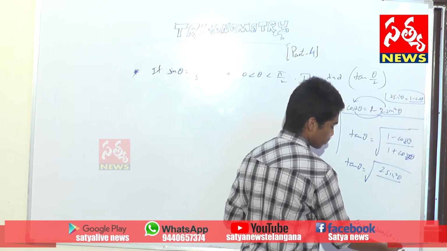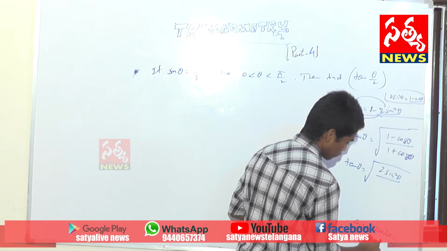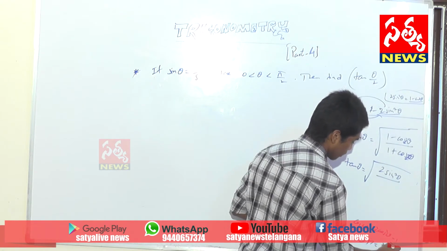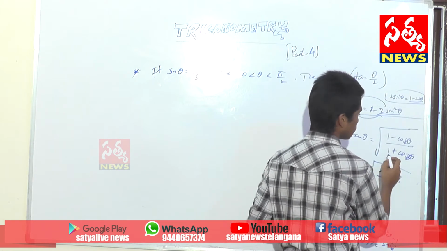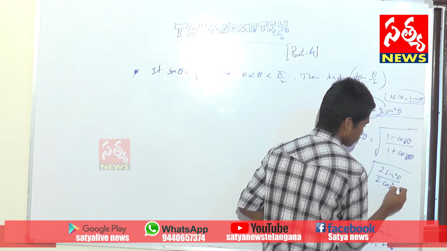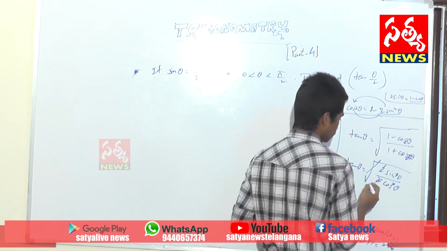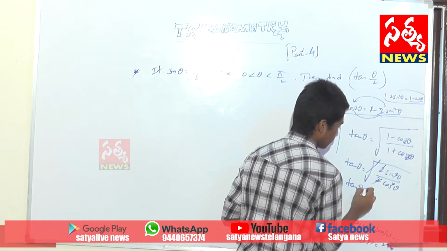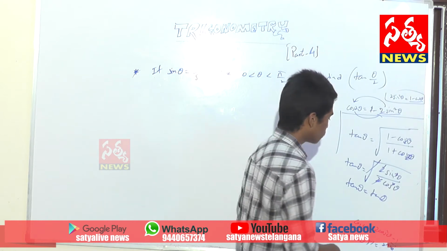If you bring this minus 1 to the RHS, we get cos 2 theta plus 1 is equal to 2 cos square theta. So in place of 1 plus cos 2 theta, we can write 2 cos square theta. The 2s get cancelled, the squares and square root get cancelled, and we are left with tan theta is equal to sin theta by cos theta, which is tan theta. Hence proved.